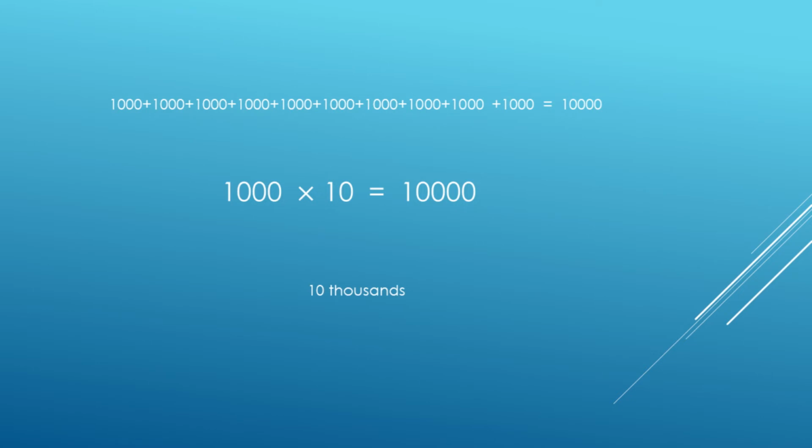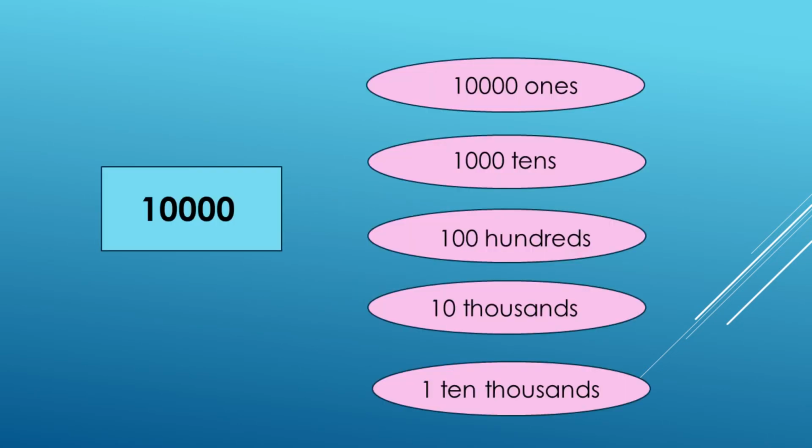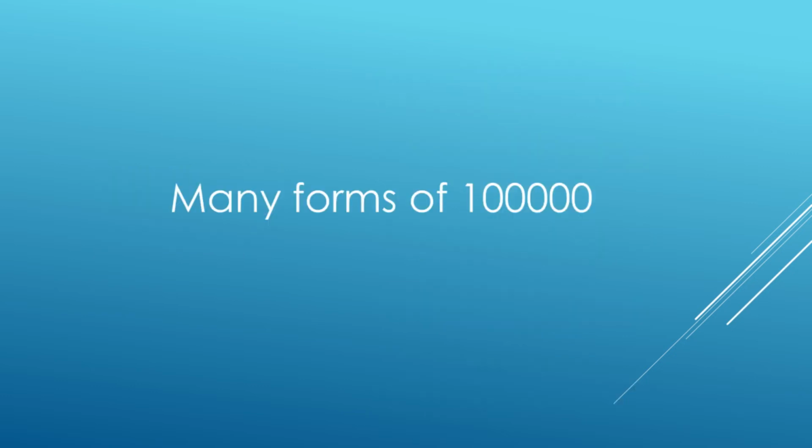If we add 1000 ten times, we get 10,000. That means in 10,000 there are 10 thousands. And there is only 1 ten thousand in 10,000. So we can say that different forms of 10,000 are 10,000 ones, 1,000 tens, 100 hundreds, 10 thousands and 1 ten thousand.